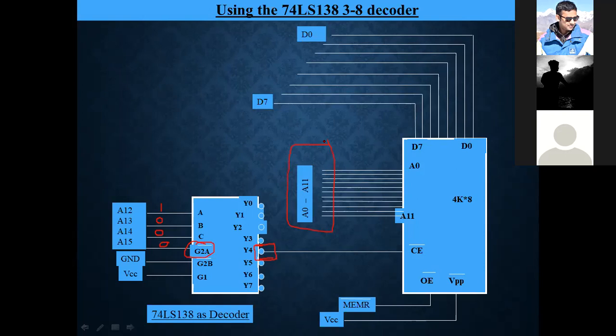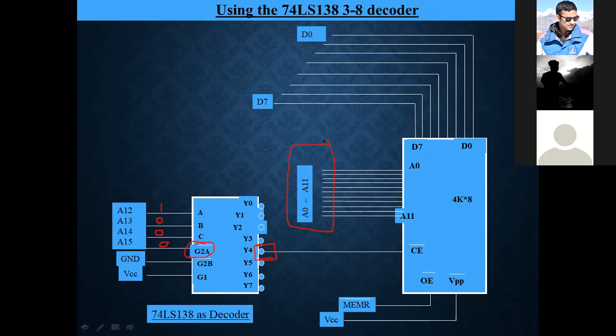And here, what will be the bit pattern? A15 is 0, A14 is 0, A13 is 0, A12 is 1. Clear?